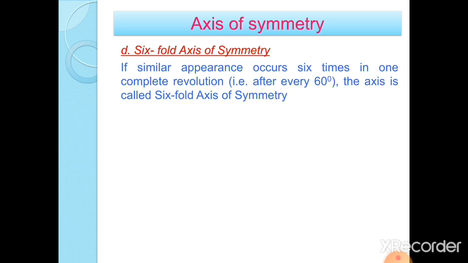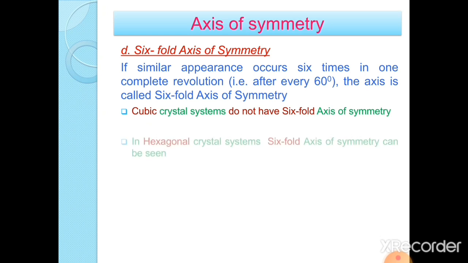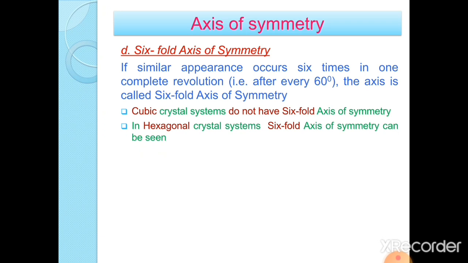If similar appearance occurs 6 times in one complete revolution, that is after every 60 degree, the axis is called six-fold axis of symmetry. Cubic crystal systems do not have any six-fold axis of symmetry. In hexagonal crystal systems, six-fold axis of symmetry can be seen.